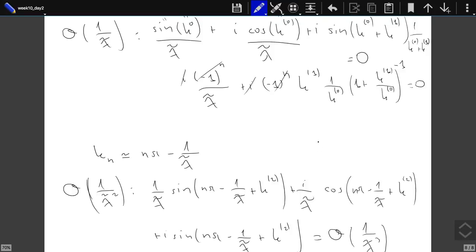And let's see, 1 over lambda tilde plus k1. Well, nothing changes actually. K0 is n pi. One minus, well, k1 over k0.